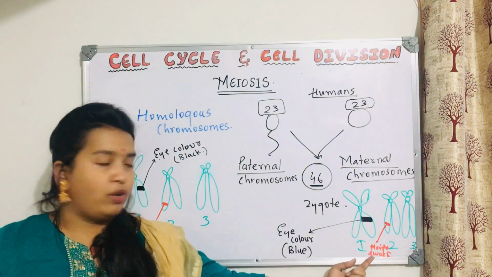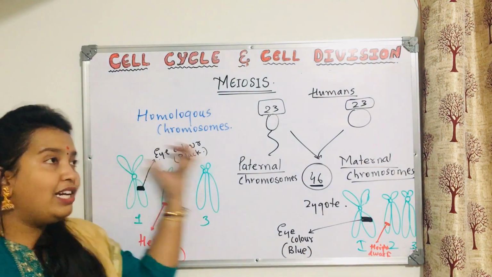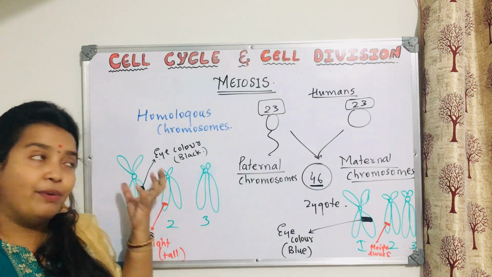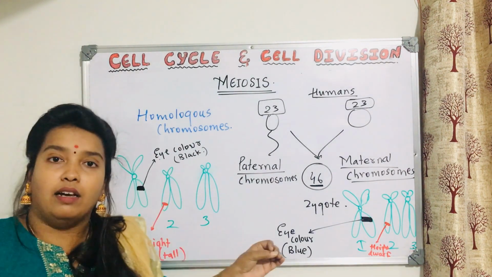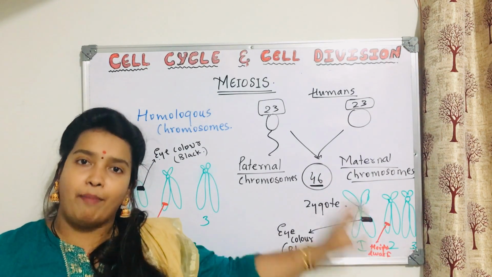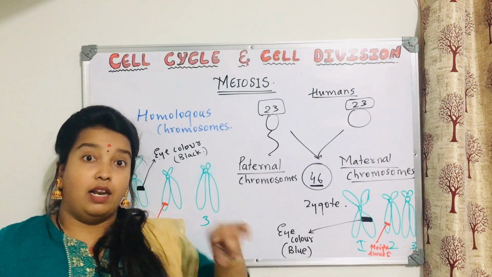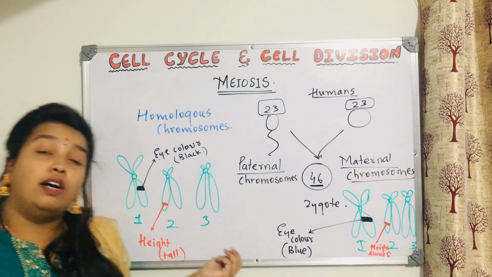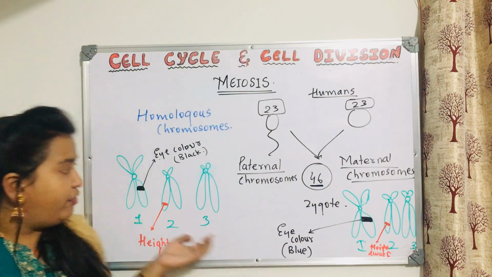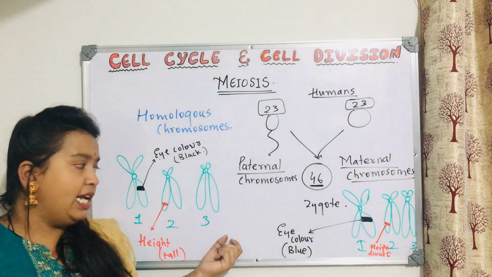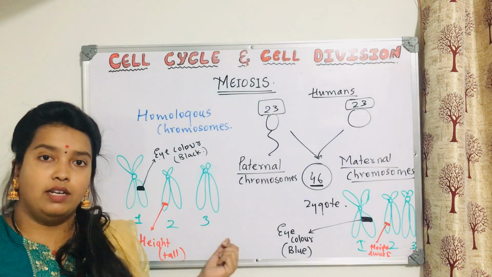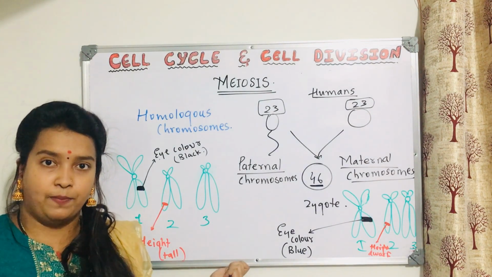So what I am talking about here is that all the 23 chromosomes of paternal are similar to the 23 of maternal. But for the last one, the 23rd, if it is a sperm, then obviously it will have the Y chromosome.